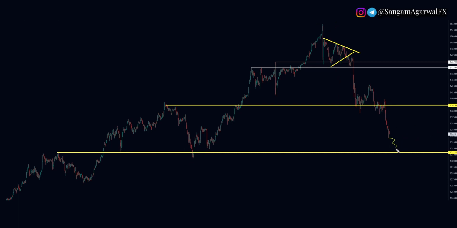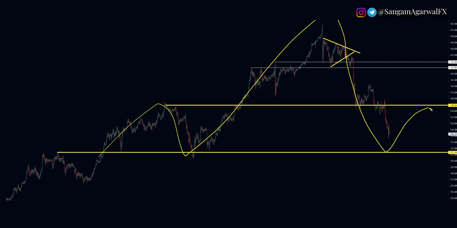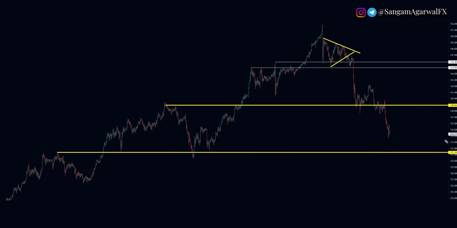So this is your next target, and at that level we can get a counter trend correction back up to 138, because there is a possibility it makes a head and shoulders chart pattern, and that can be your neckline, or maybe a chart pattern correction between these two levels.